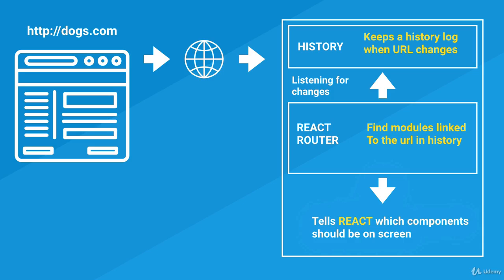React is going to say, okay, I'm going to grab the component linked to that URL and show that component. And of course, it's going to give you that view. So this is what's happening behind the scenes with React Router. Now we're going to learn everything we need to use React Router and create multi-view single page apps. Okay, let's go to the next section and start with Router.